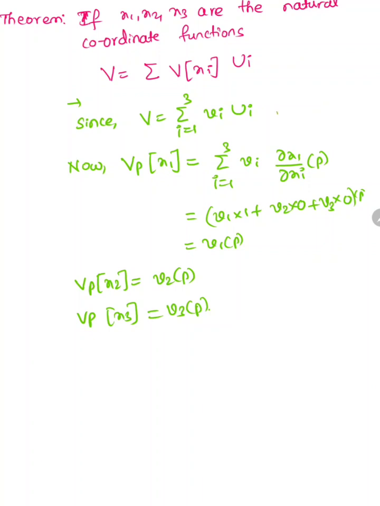I'm substituting all this in equation 1. We can have v is equal to summation i is equal to 1 to 3 of vi into Ui at the point P. Instead of vi, we are putting v_p of xi.